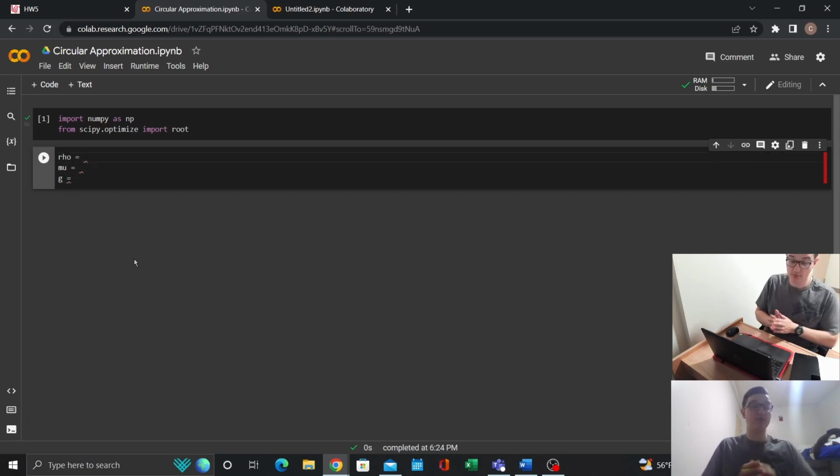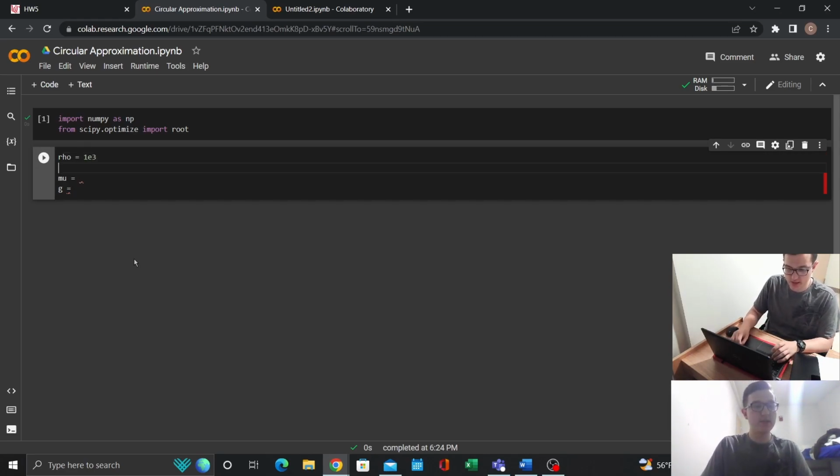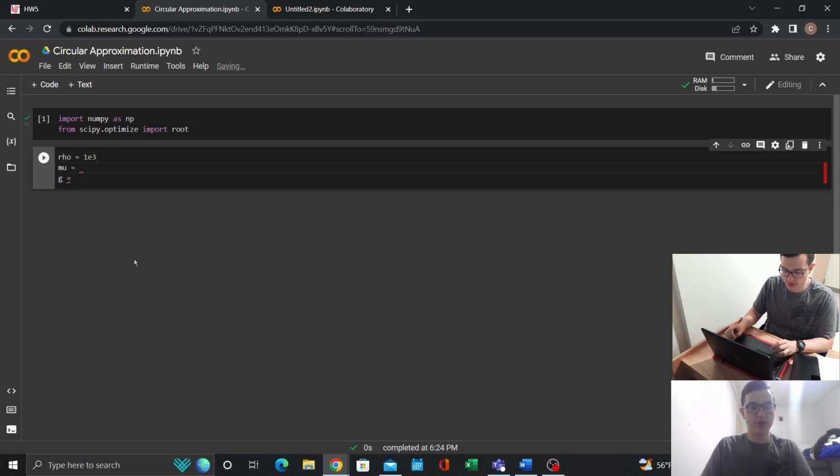Okay, so we have rho equals the density of water equals 1,000 kilograms per cubic meter. Mu equals 1e-3. And then g equals 9.81 meters per second squared.